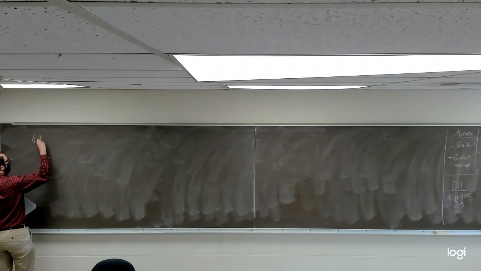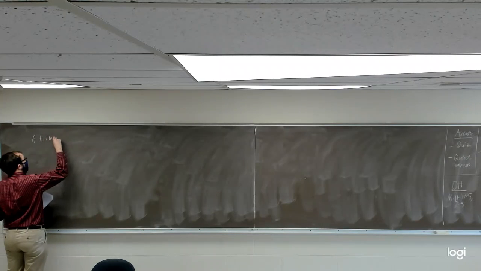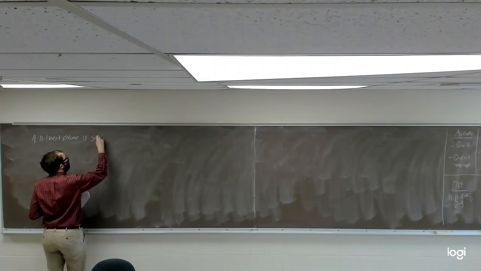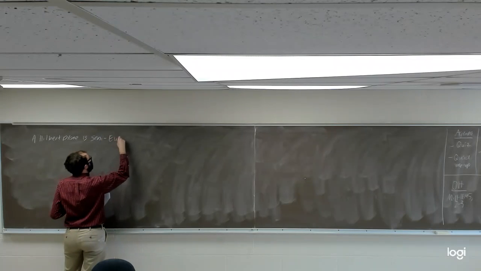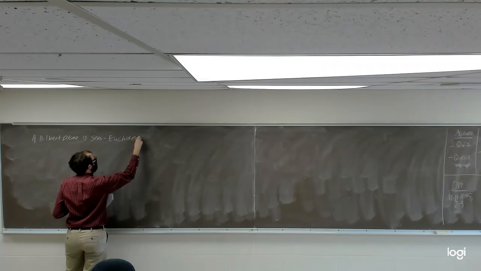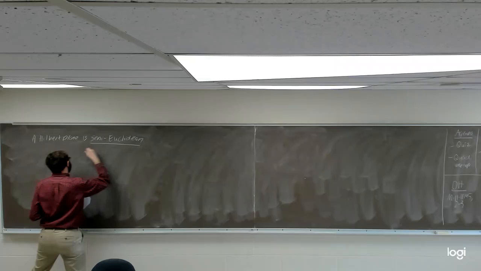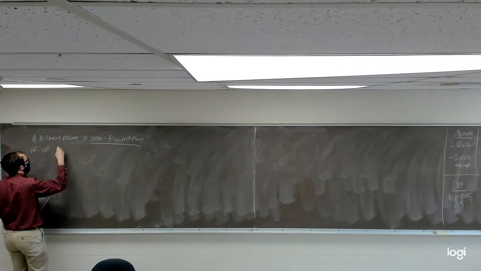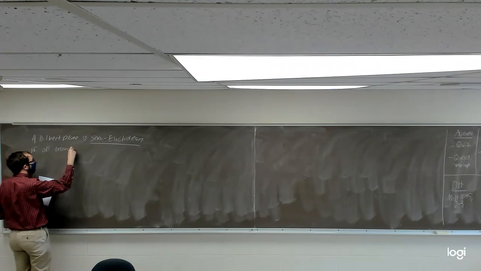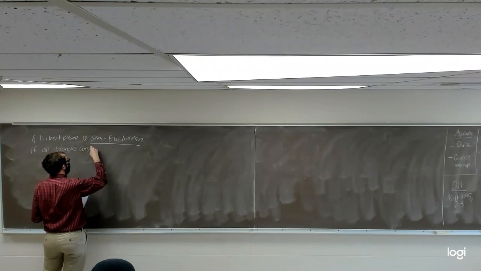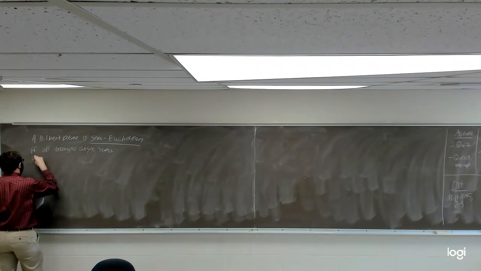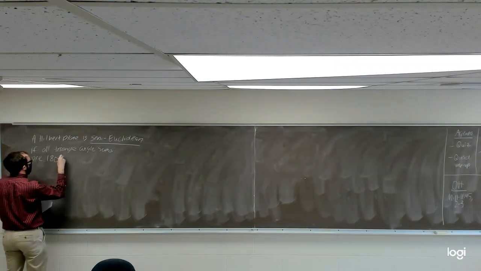Hilbert plane is called Semi-Euclidean if all of its triangle angle sums are exactly 180 degrees.